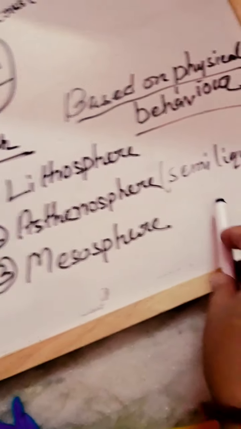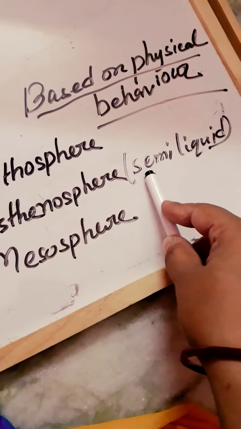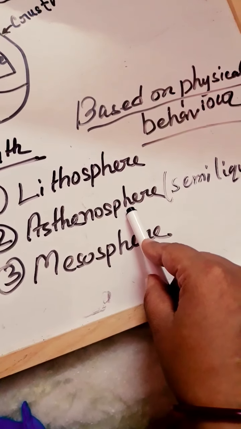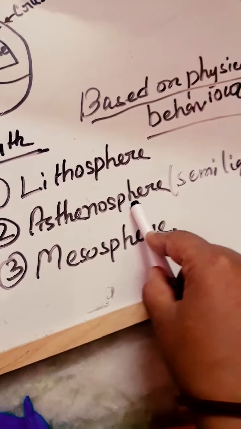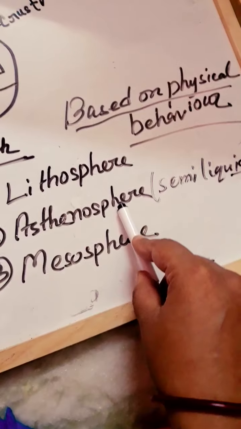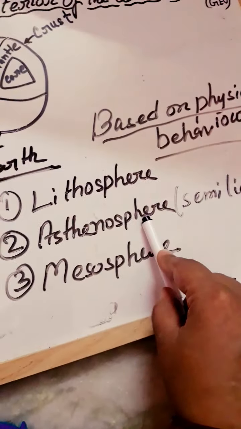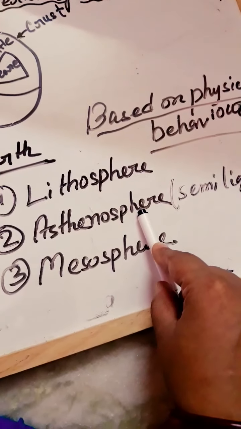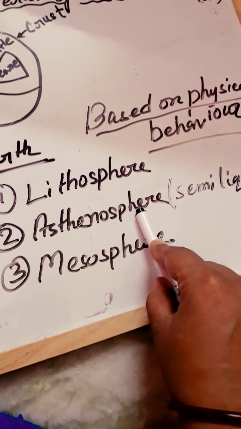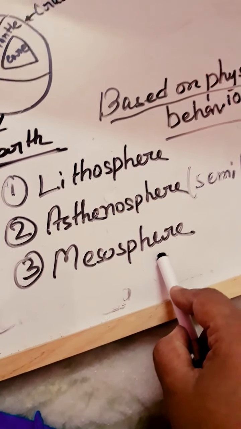Because this layer is capable of being ductile, capable of bending, and it behaves in an elastic manner. So this layer is a semi-liquid layer, not so much hot, not so much solid and not so much liquid. That's why it is known as asthenosphere, and it is the ductile inner layer of the upper mantle. And next, the lowermost portion is known as mesosphere.